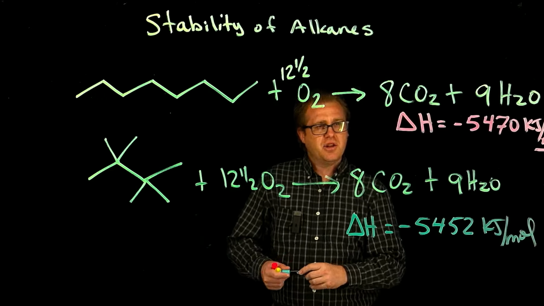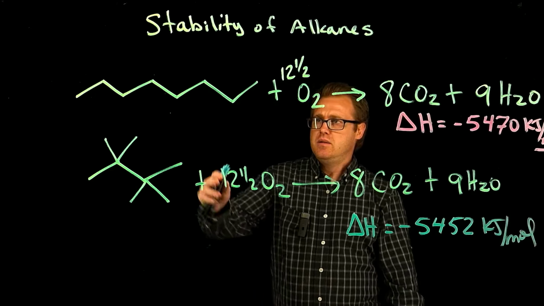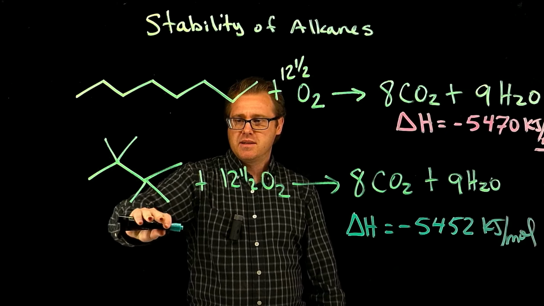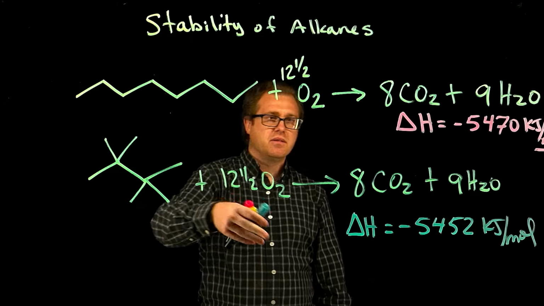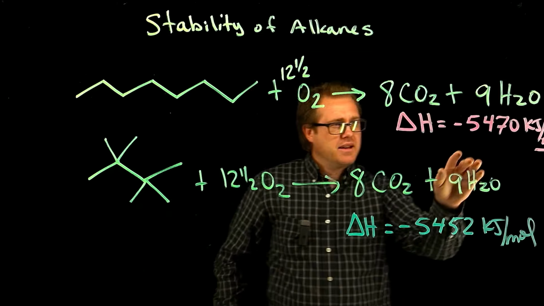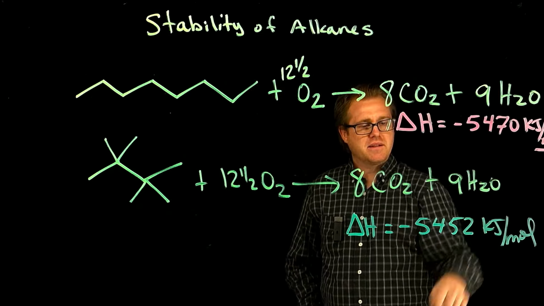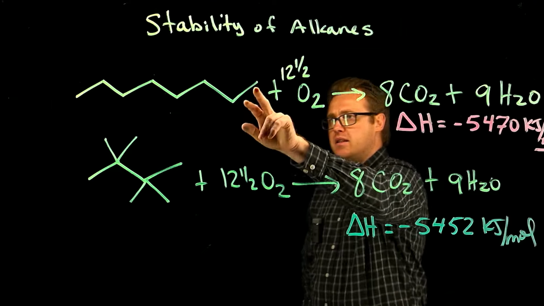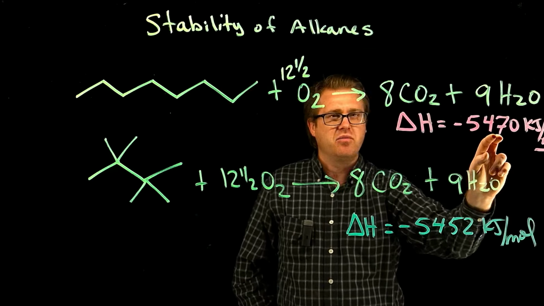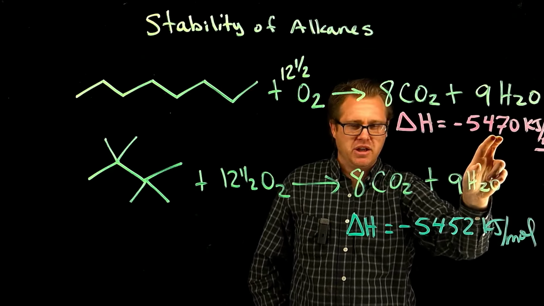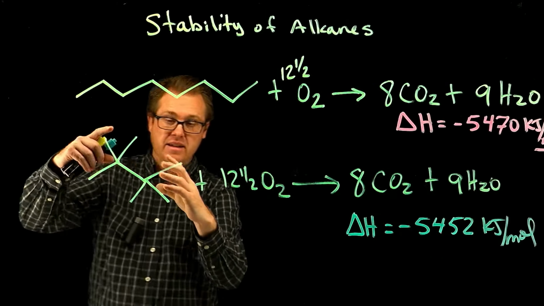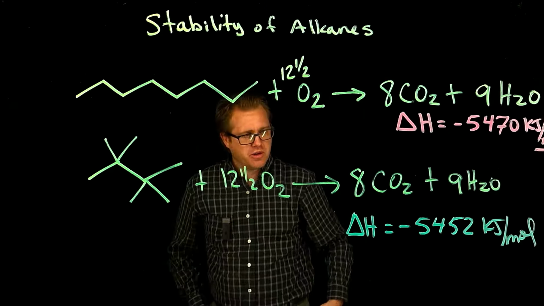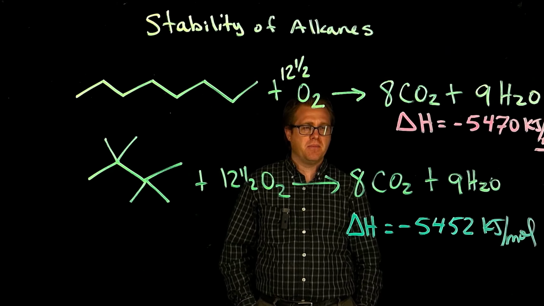So this is quite interesting. Same amount of carbons, same amount of hydrogens, same amount of moles of everything, but one gives off more heat than the other. So it looks like this octane, the linear octane, gives off more heat, gives off more energy than a more compact molecule with the same amount of carbons here.